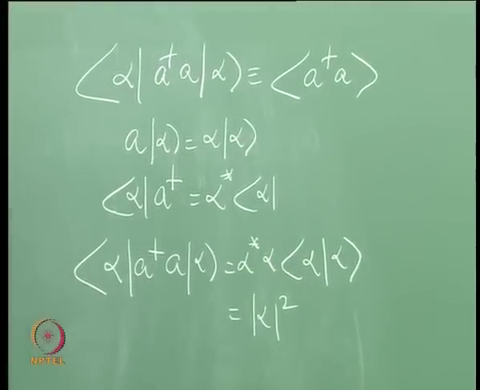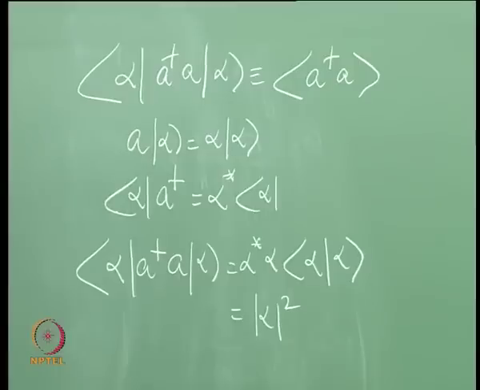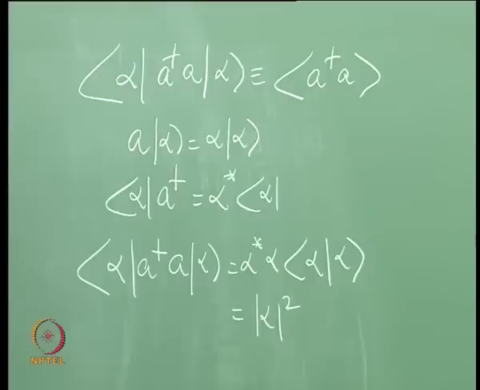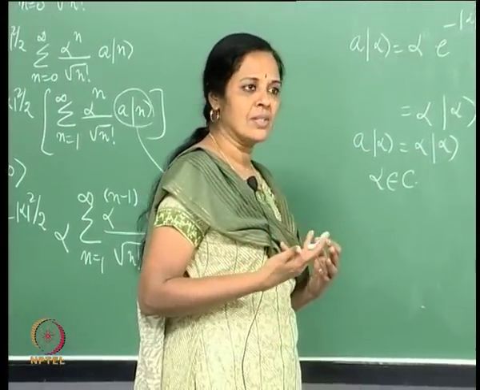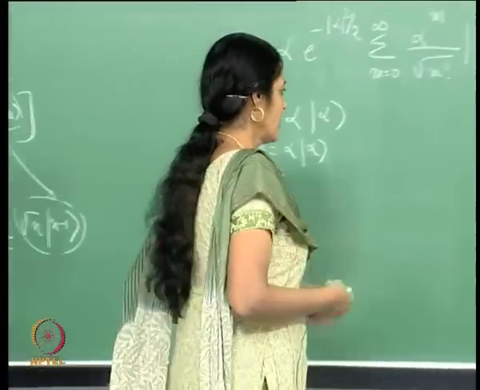Therefore, the mean photon number in the coherent state is mod alpha squared. But the mean photon number is the intensity of the light. Therefore, mod alpha squared essentially gives us the intensity of the light that is used.